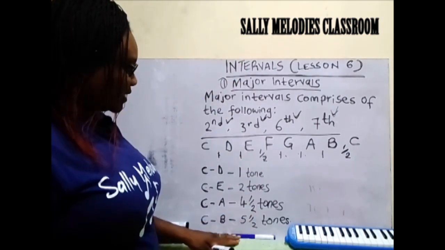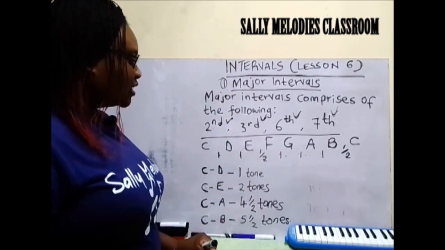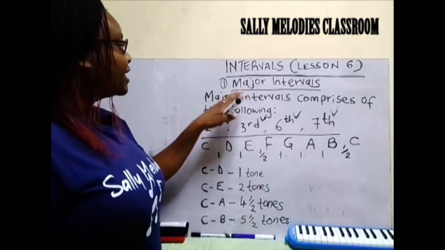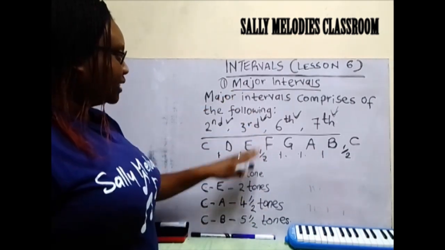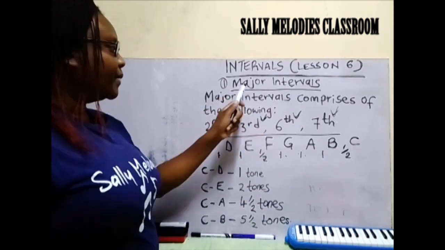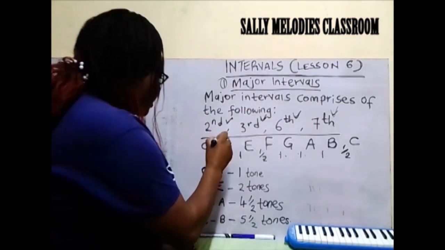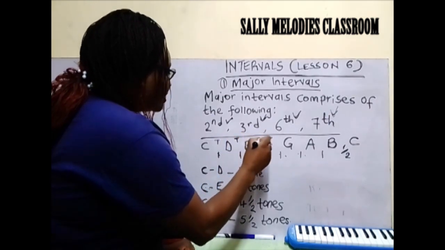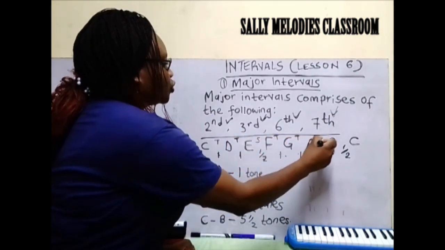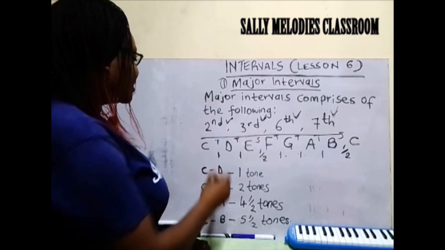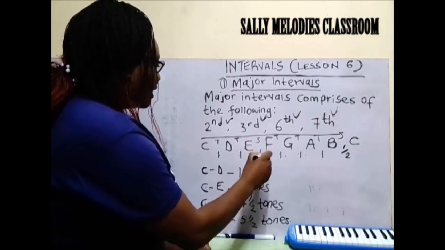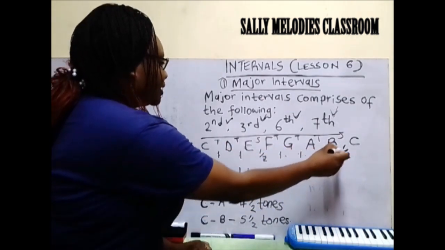Just note this, so that you can know that in order for an interval to qualify to be called a major interval, it must have these tones. So, this is a tone, tone, semitone, tone, tone, tone, semitone. Or you can say 1, 1, half, 1, 1, 1, half.